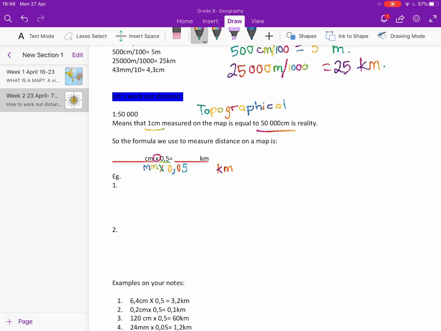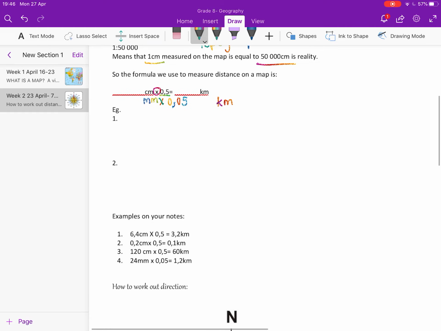Now, I want you to imagine that there's a map over here. We give you 2 points, point A and point B. With these 2 points, we are going to draw a line with a ruler to connect the 2 points. Then you are going to take your ruler and measure it in centimeters.